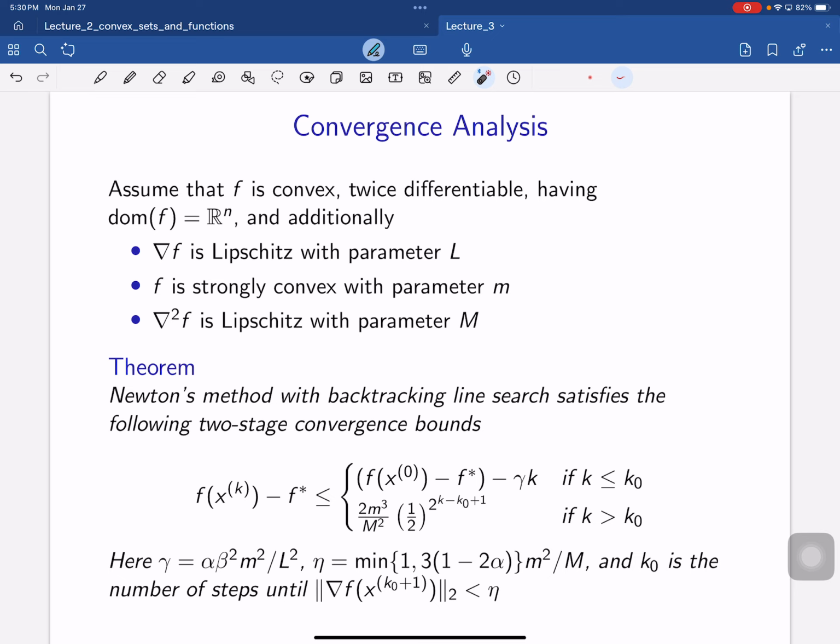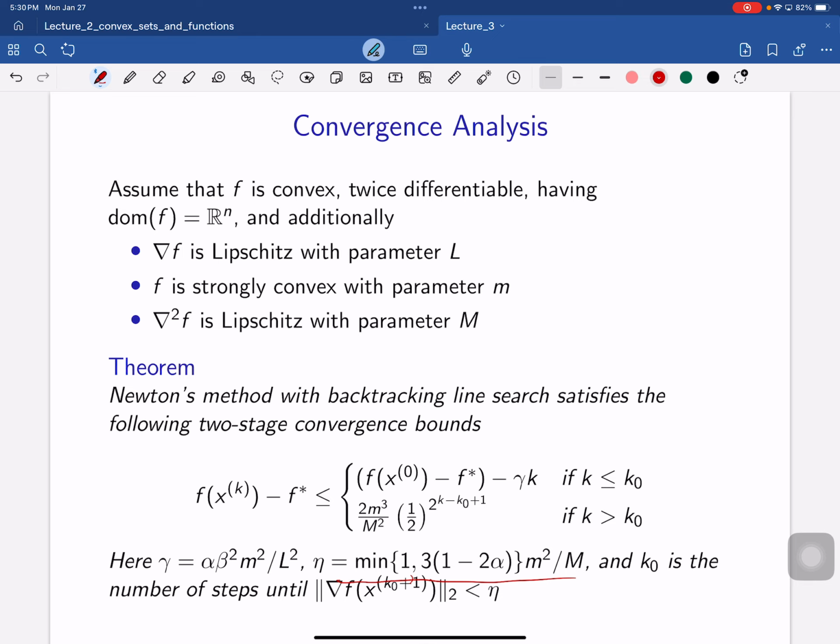Newton's method with backtracking line search satisfies a 2-stage convergence bound, where K0 is the number of iterations where the gradient norm is still greater than or equal to a number eta, which I'm not going to detail. You can think about eta as dependent on the convexity property and the Lipschitz property of the problem.